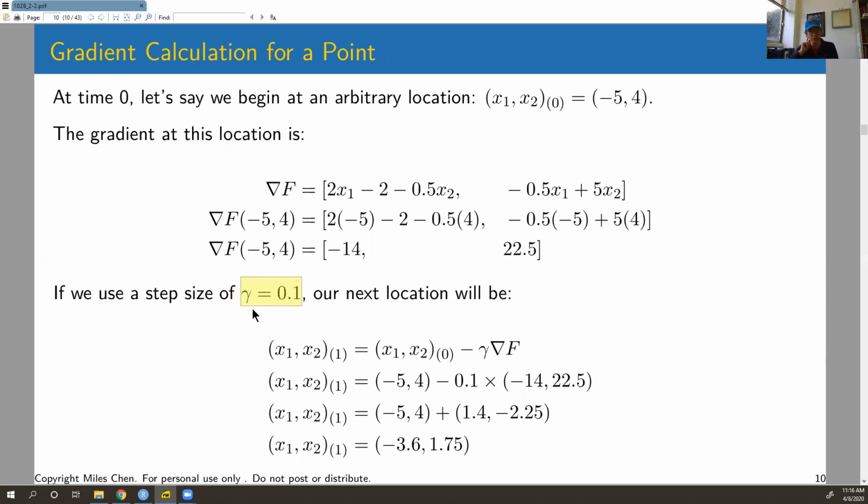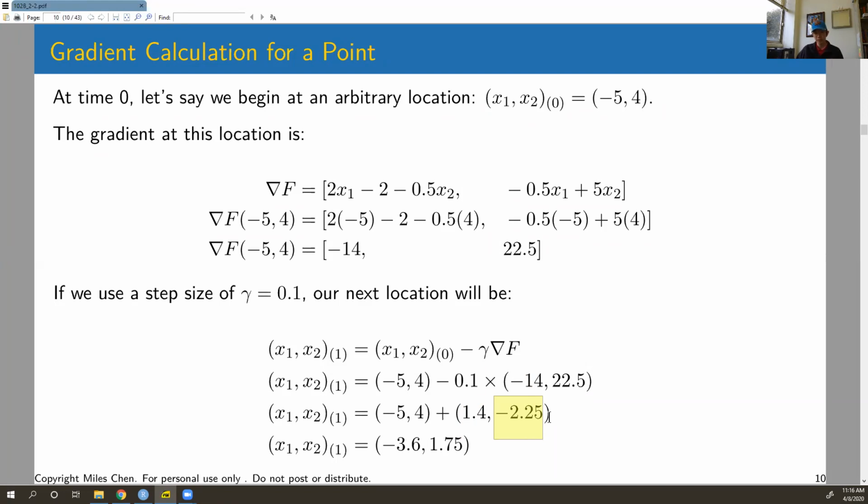My gradient is this vector, -14, 22.5, and I'm going to multiply that by gamma, 0.1. So 0.1 times -14, 22.5 is the vector 1.4, -2.25.